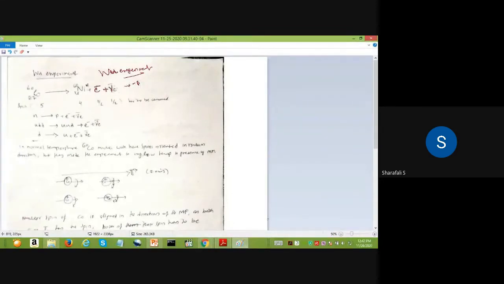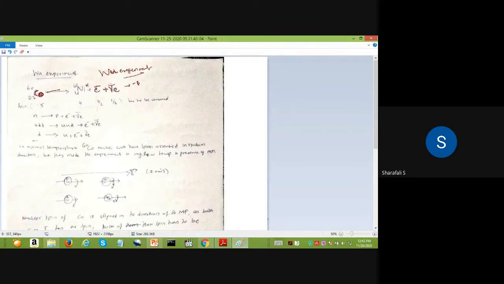And we have an antineutrino coming out along with this reaction. So we have cobalt-60, which is decaying into nickel.